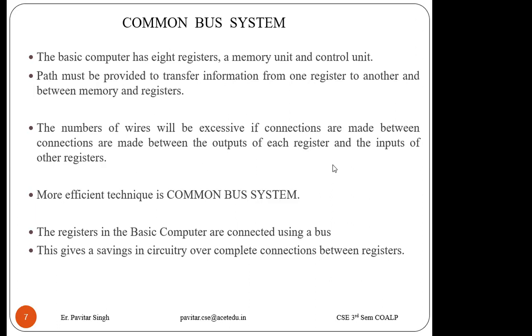If you have 16-bit registers, we will be using a 16-bit common bus. A single bus whose capacity is 16 bits will be used between these registers. So this will reduce your circuit and reduce your wires, and ultimately the cost.